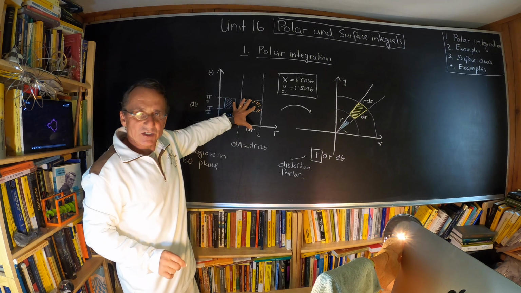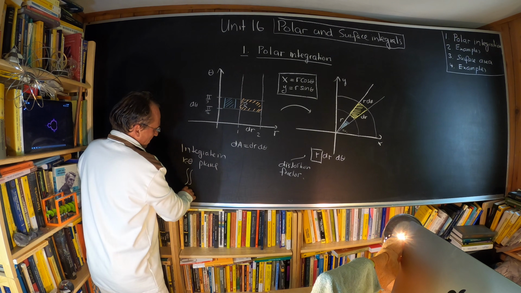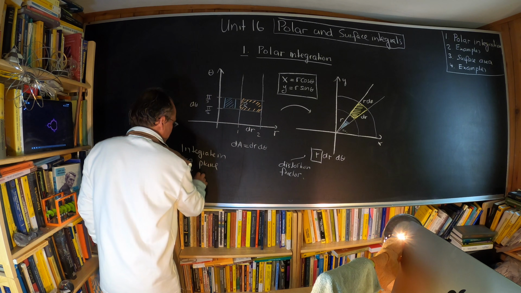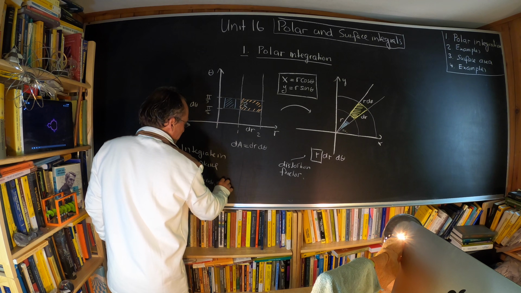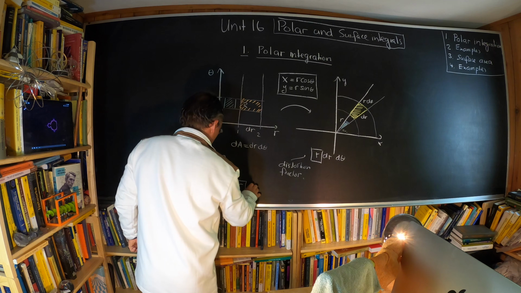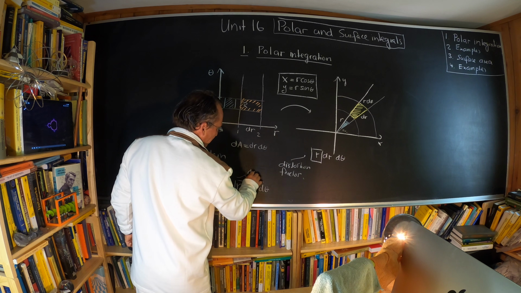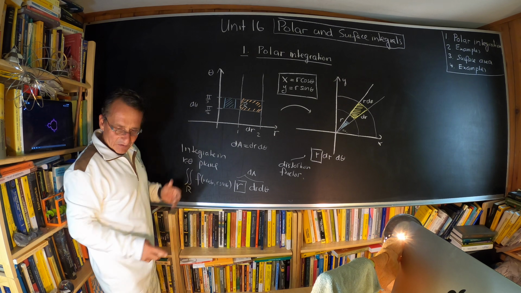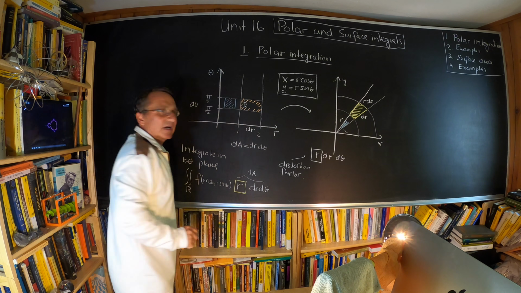Just describe the region as it is here, but instead of just writing f(x,y), we write f(r cosine theta, r sine theta), and then what we have is this r factor, and then dr d theta. So that's our new dA here, and the only thing we have really to remember here is to include that factor r.